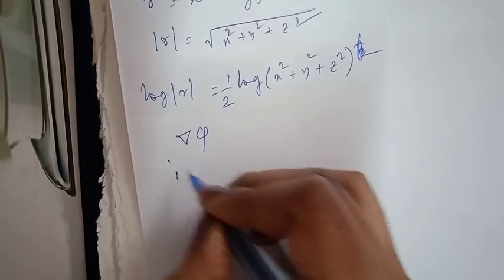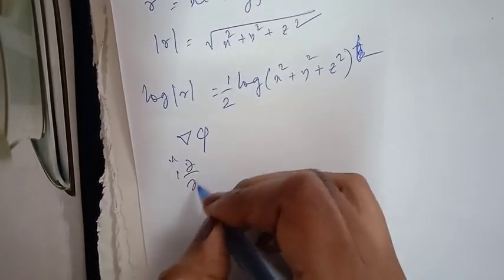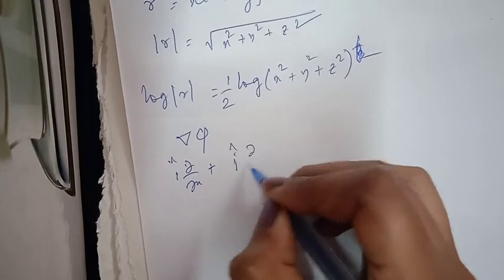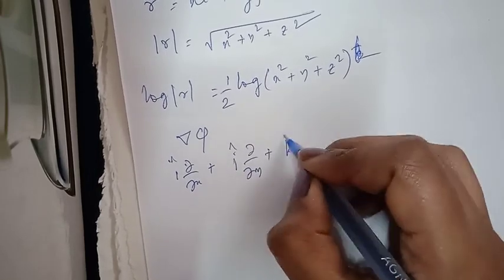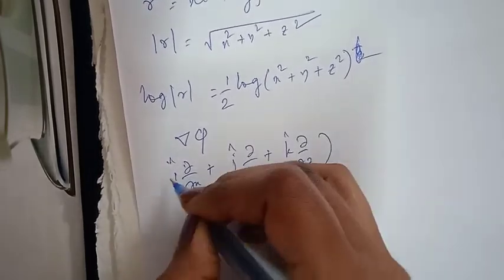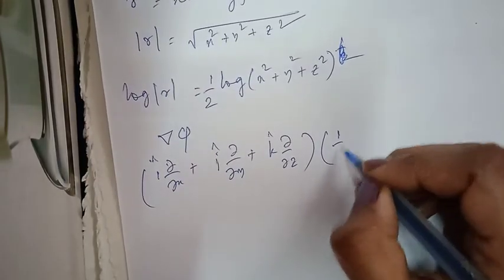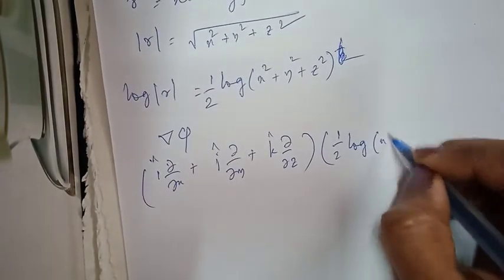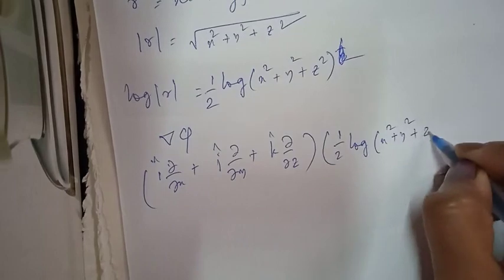That means i cap del del x plus j cap del del y plus k cap del del z over this whole quantity, half log x square plus y square plus z square.